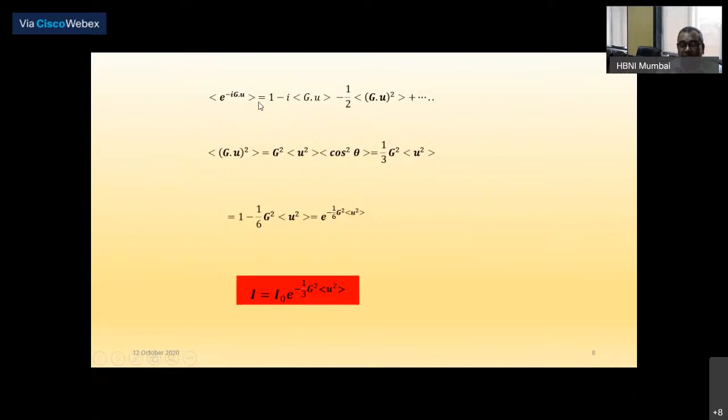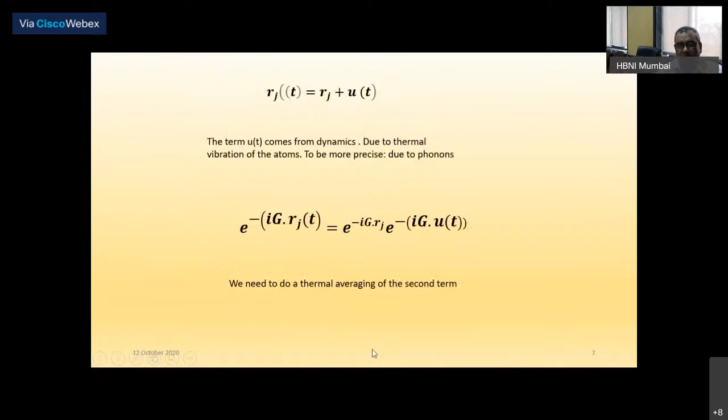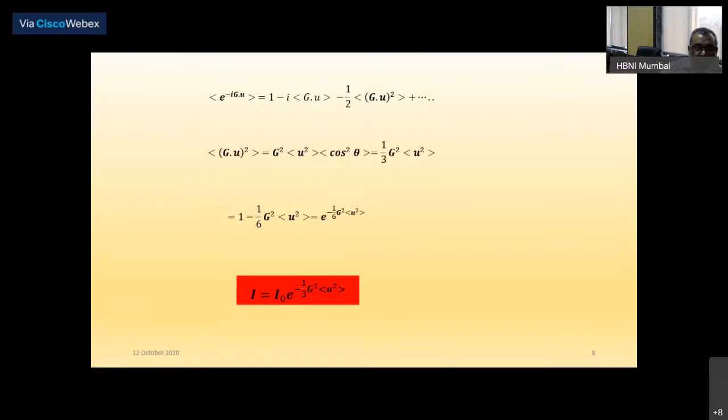I need to do a thermal averaging of e to the power minus i G dot u. G dot R_j does not have any thermal average; it is u which needs to be taken to thermal average. So, do this. I can expand this exponential: 1 minus x plus 1 by factorial 2 x squared and so on.